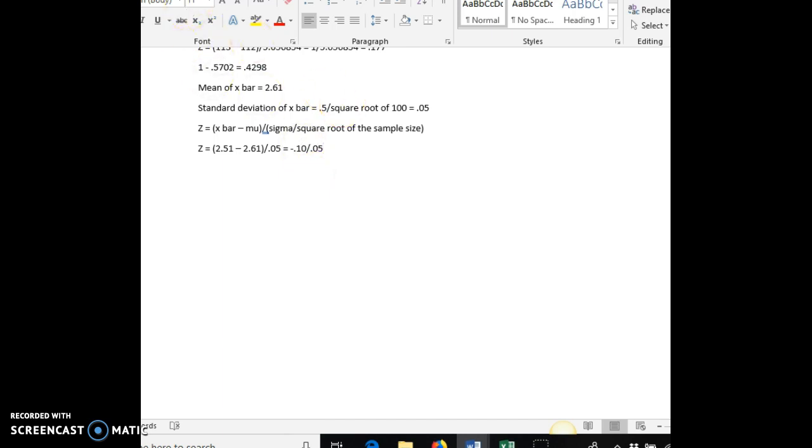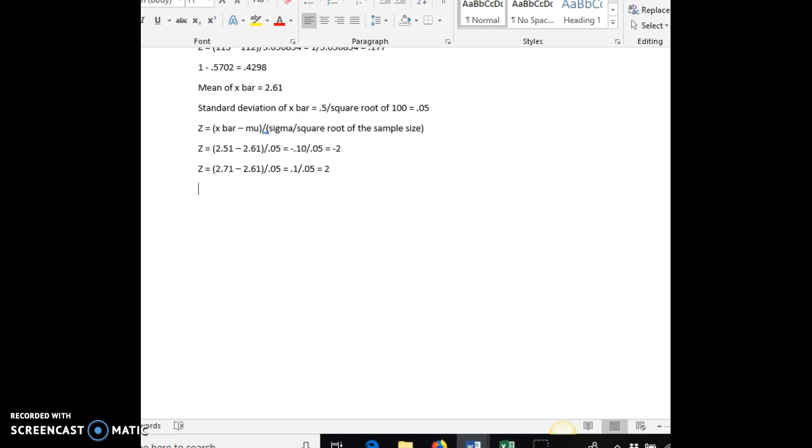And let's stick that into the calculator. And that gives us negative 2. All right, now we also need to do our z-score for 2.71. Exactly the same calculation except for the 2.71, which is going to give us a positive 0.1 over 0.05, or a positive 2.